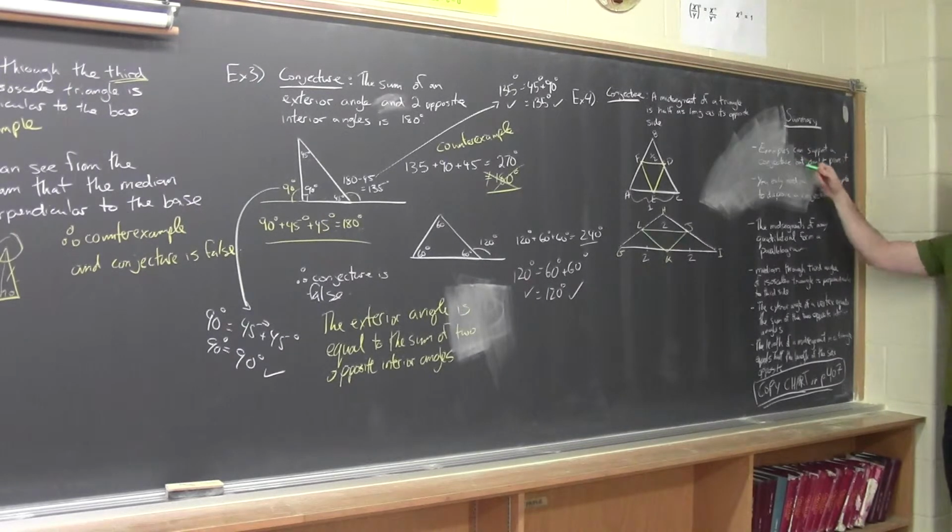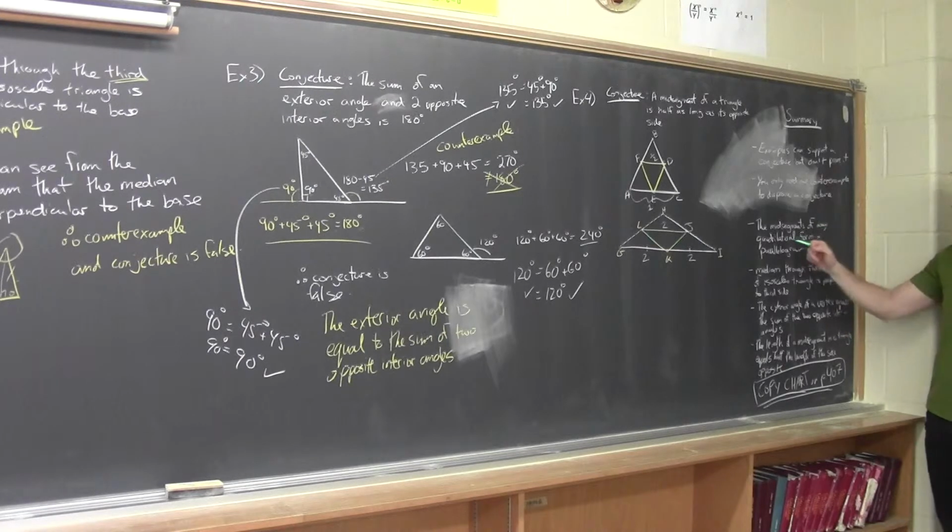Okay, so in summary, examples can support a conjecture but don't prove it. You need multiple examples to support it. You only need one counterexample to disprove a conjecture. The mid-segments of any quadrilateral form a parallelogram. That's been proven. So if we join the mid-segments of any four-sided shape, we're going to get a parallelogram. The median through the third angle of isosceles triangles is perpendicular to the third side.